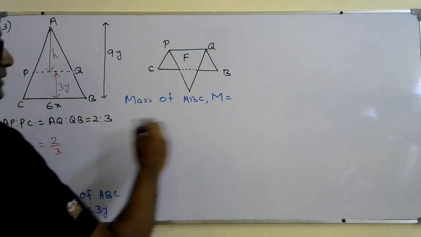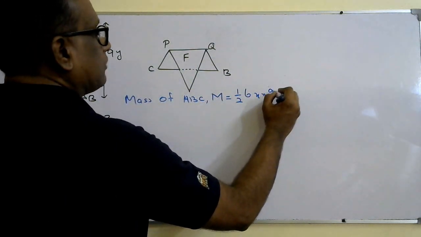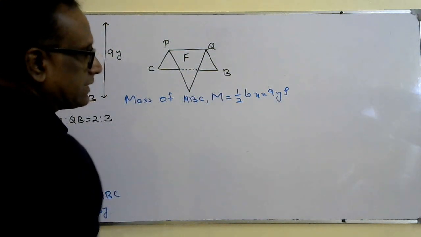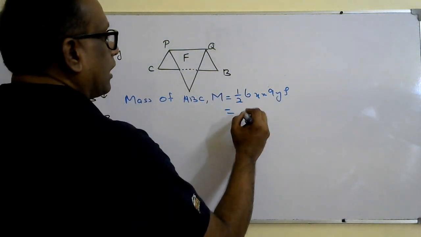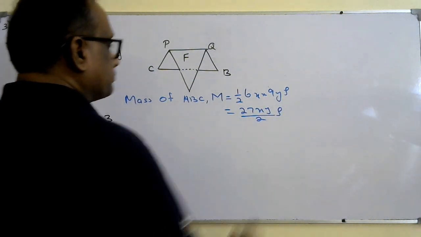That is half into base 6x into height 9y, into mass per unit area, density rho. So it's going to be 27 xy rho by 2.